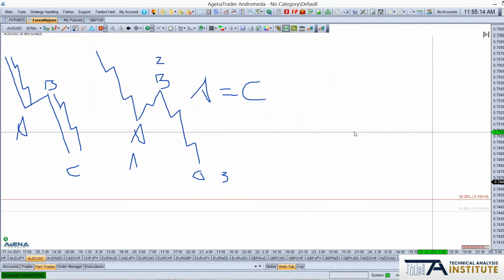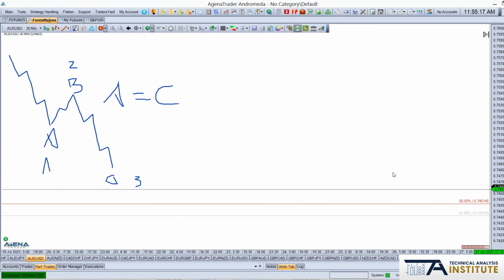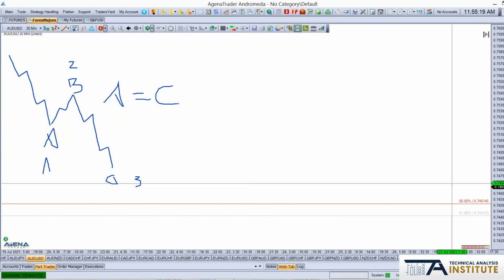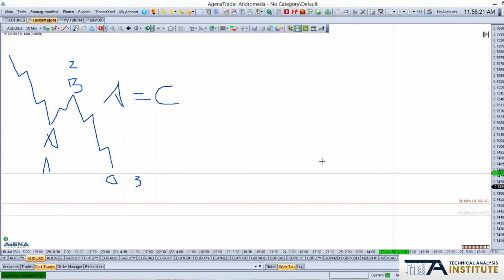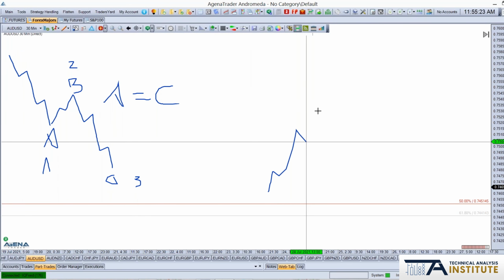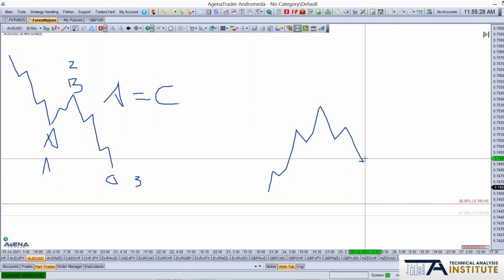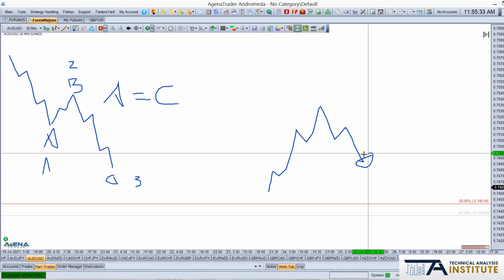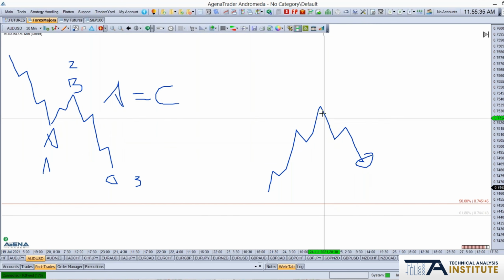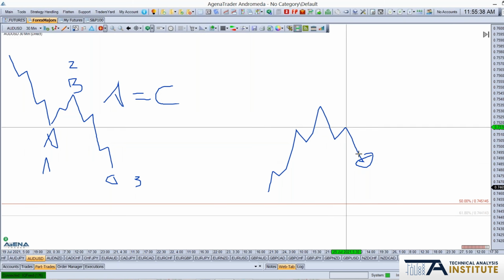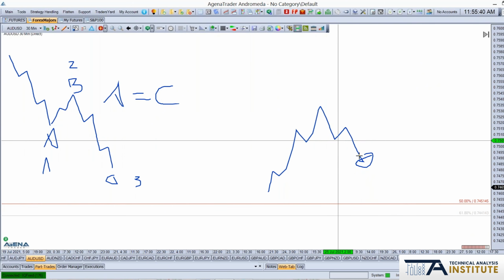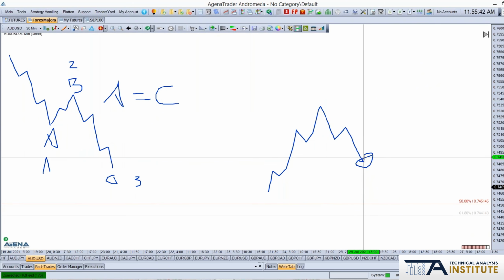Let's say that we have a wave 1 here, and now we have a zigzag. Where do we enter this market? Remember, we wanted to buy the 3, right? We want to buy this level. So where do we buy that? Well, exactly, if it is a zigzag, where the C equals the A, that would be the magic place to buy this.